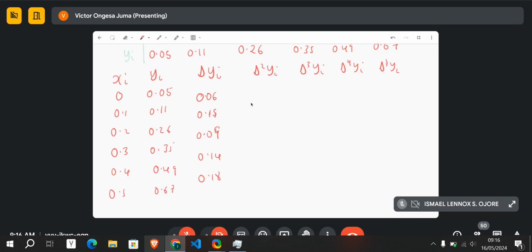And then here, if you subtract 15, that is 9. That's 0.09. This is 0.09 minus 0.15. That is 0.06, but negative. This 0.14, that is 14, that is 5.